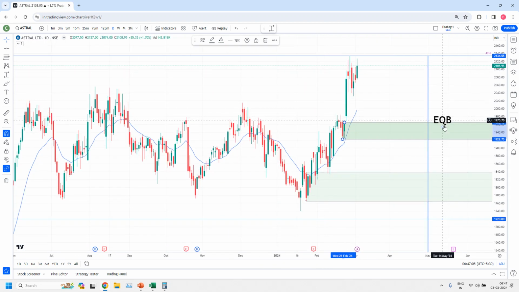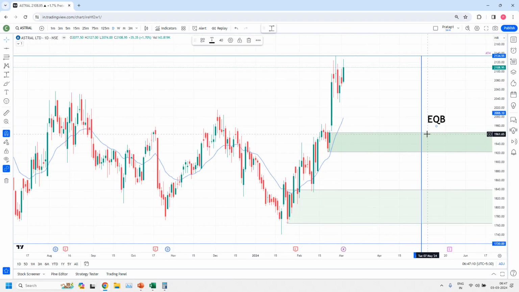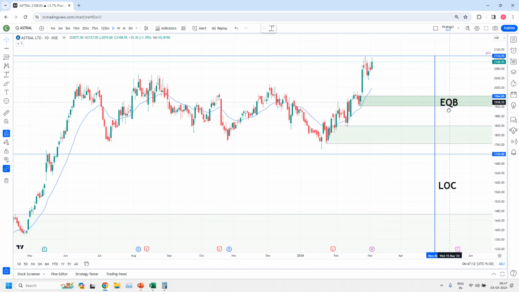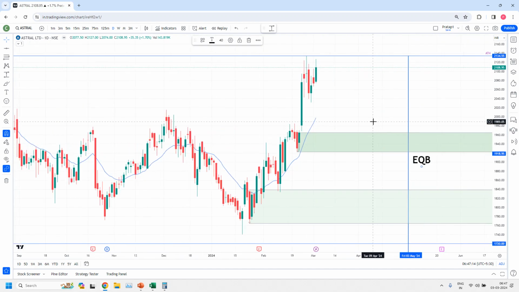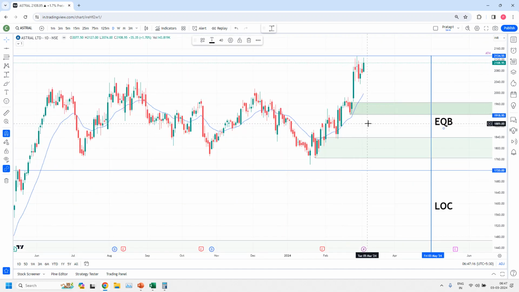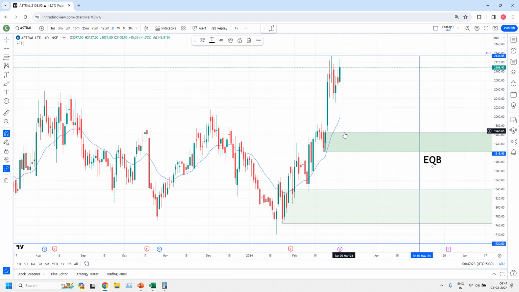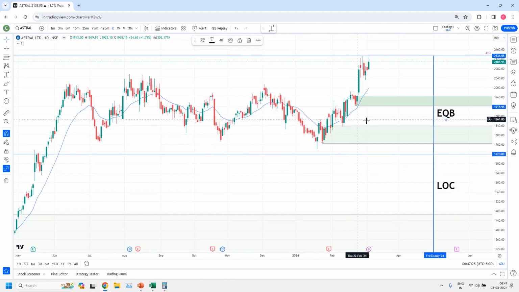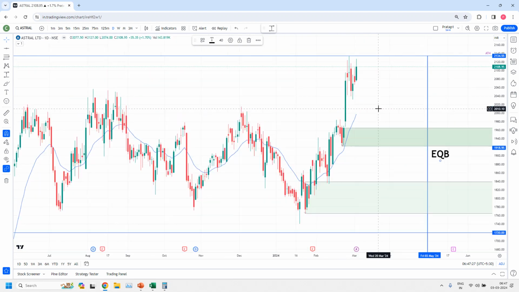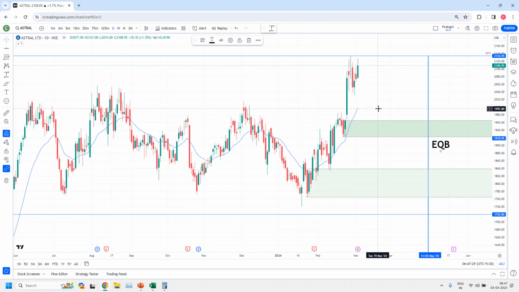So the daily demand zone is at the equilibrium. So if prices retrace back to this daily demand zone, definitely we can plan a trade. So that is an advantage for us.